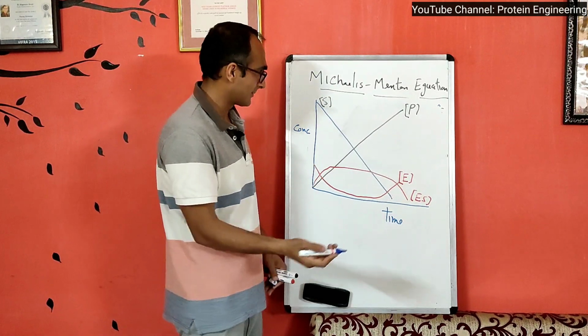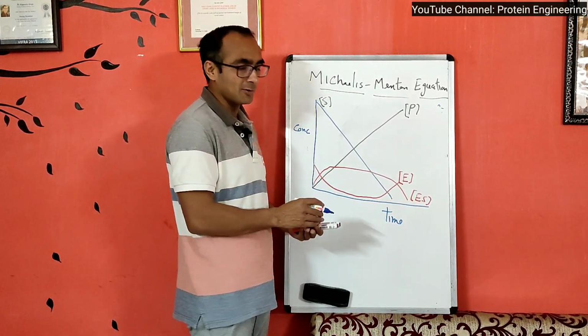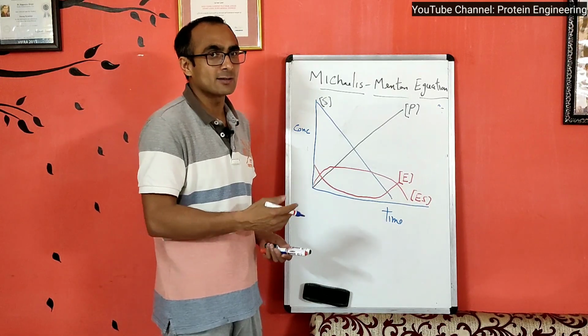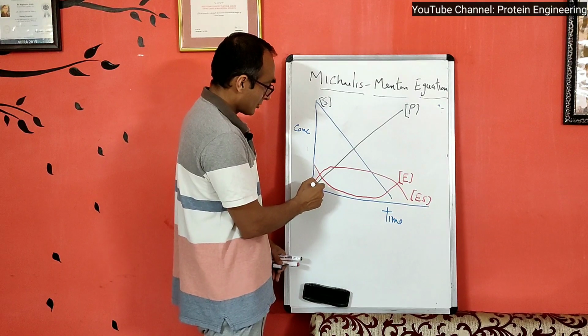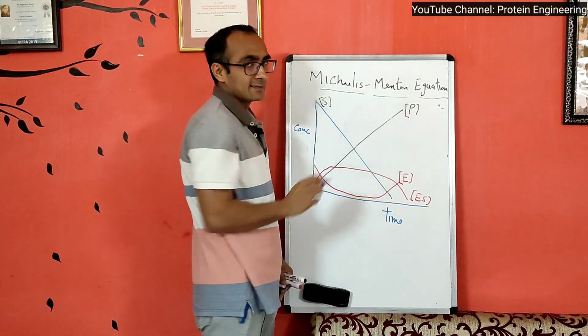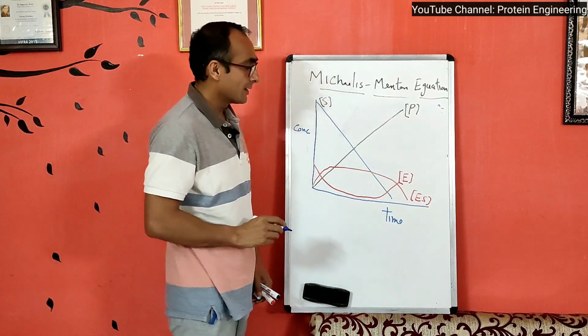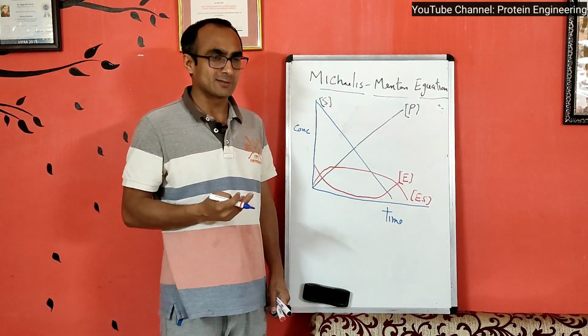As far as product formation is concerned, in an enzyme catalyzed reaction product is always accumulated, so it keeps increasing in concentration. This graph shows the product increasing, and in the reaction the enzyme is taken in fixed concentration.